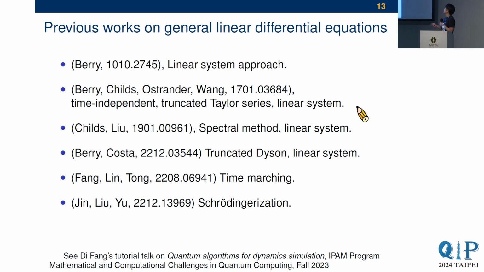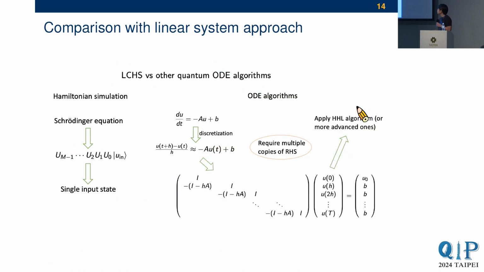Most of the methods in the field, for example these ones, are all within the same category, but there are more and more improvements. We propose some different methods, and the LCHS is most closely related to the so-called Schrodingerization approach. If you're new to the field, I quite recommend Defang's tutorial talk on quantum algorithms for dynamic simulation, which is available online and could be useful.